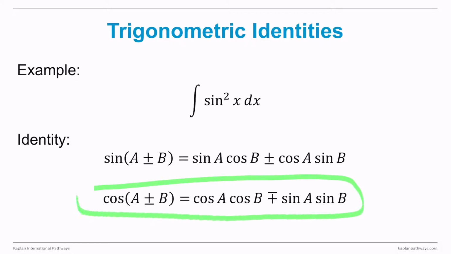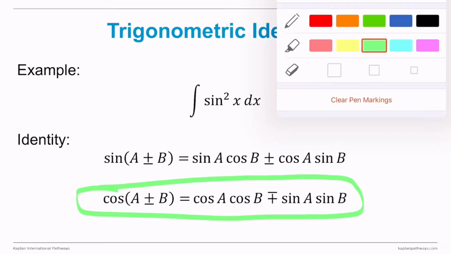This is going to be helpful for us because we learned before cosine a plus b or a minus b, it depends which sign it is, it's cosine cosine plus or minus sine sine. So this is in case the angles are different.